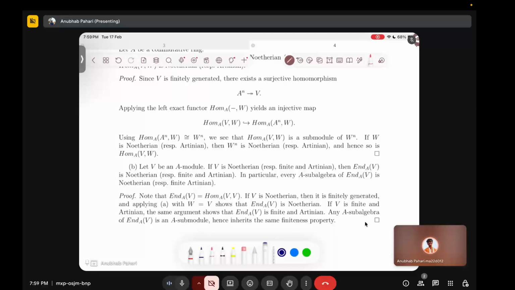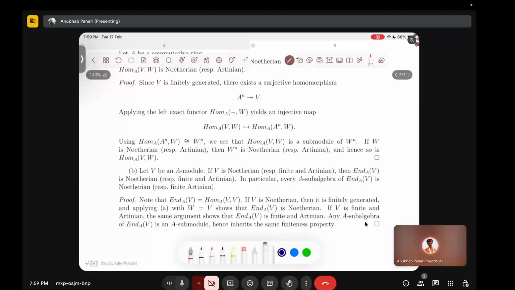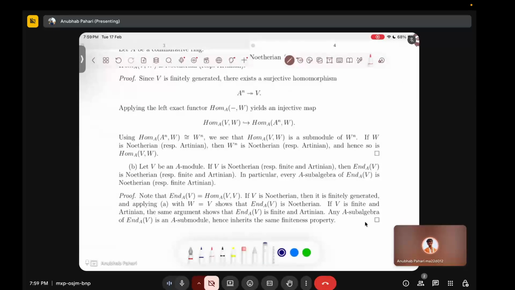First of all, you need to know that it is contravariant. That means it changes the direction of the exact sequence, and therefore it takes the surjectivity of the exact sequence to the injectivity of the other exact sequence, but does not take the injectivity of the first exact sequence to the surjectivity of the second.